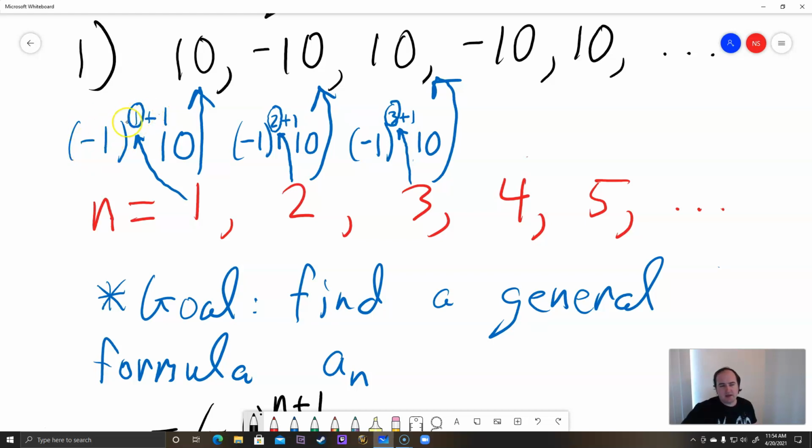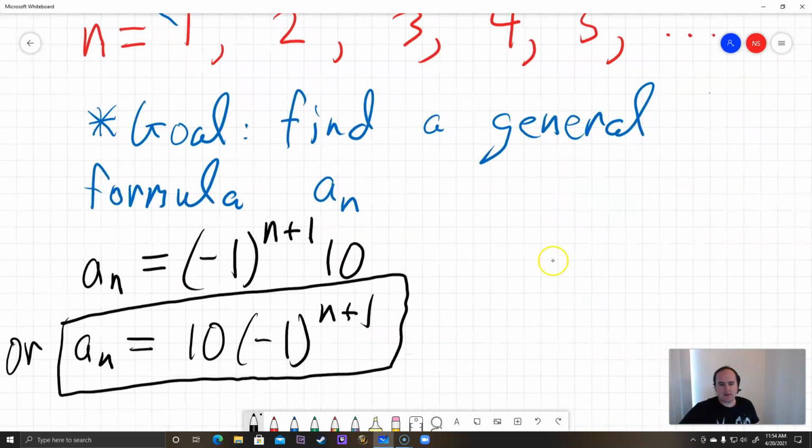So it's either going to be negative 1 to the n plus 1, or it's just going to be negative 1 to the n. So either way, that's always going to give you the alternating signs. And then you can focus on the numbers for the rest of your formula. Here the number was the same for each term, so that's why I just kept writing 10. Okay, pretty cool, huh? I actually really enjoy these because they're a bit of a puzzle. So if you like puzzles, they can be nice.